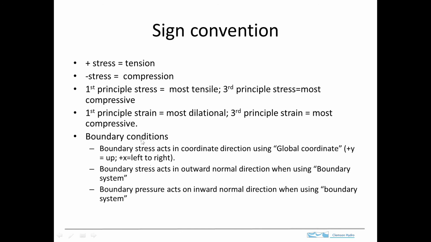The third principal strain is the most dilational, and the third is the most compressive. Now, when we go to specify boundary conditions, this can be somewhat tricky because you need to get the boundary condition, particularly if it's a stress boundary, to act in the right direction. So if you specify the boundary stress using global coordinates, then plus y is up, and plus x is left to right.